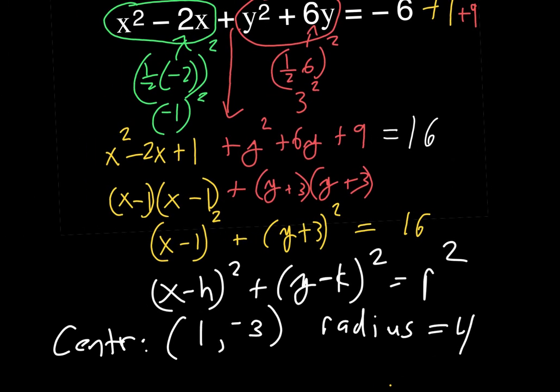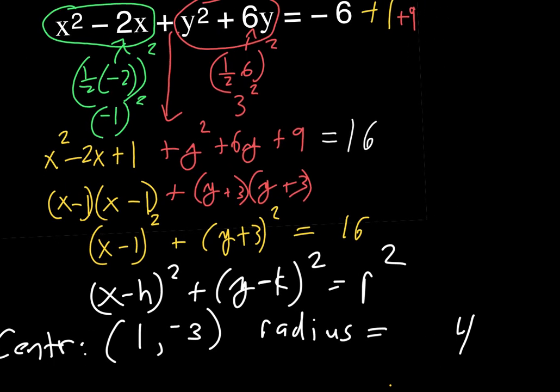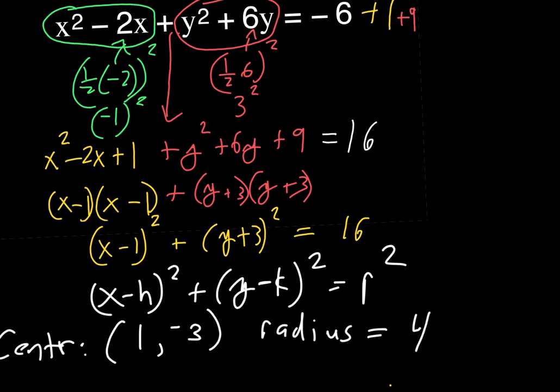Let me move all that over. So then if I had to graph this, 1 over, 3 down, so I'm going to be in the last quadrant. 3 down: 1, 2, 3. That's the center.